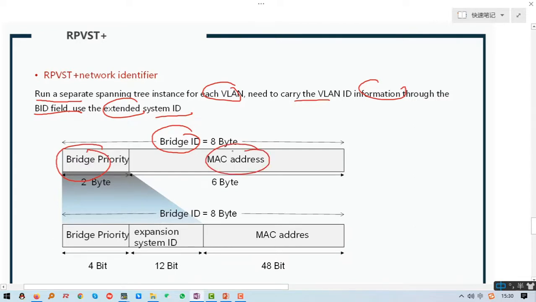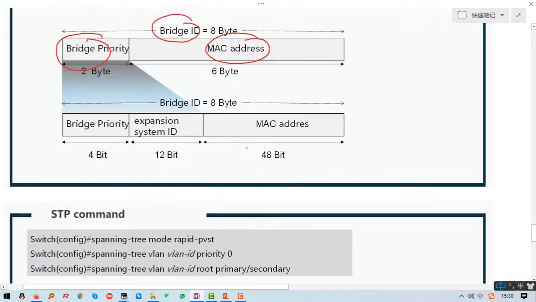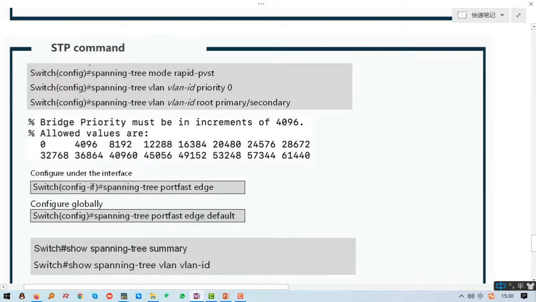So finally, let's look at the configuration commands. The first command is used to specify the spanning tree mode, and the second command can be used to modify the priority of the switch.